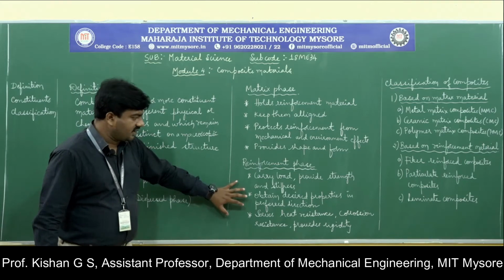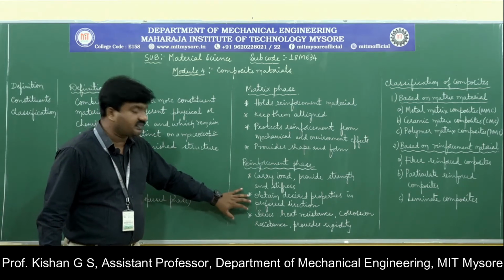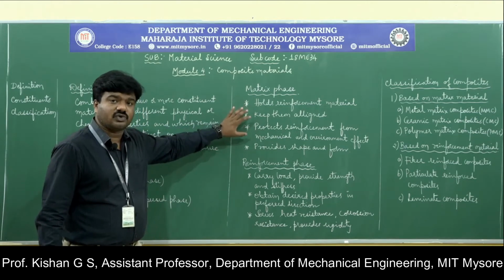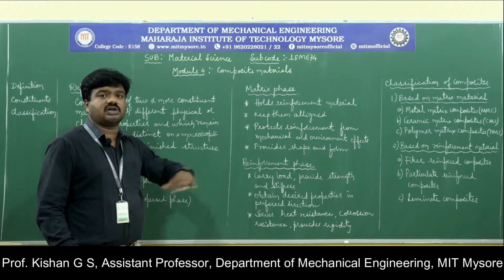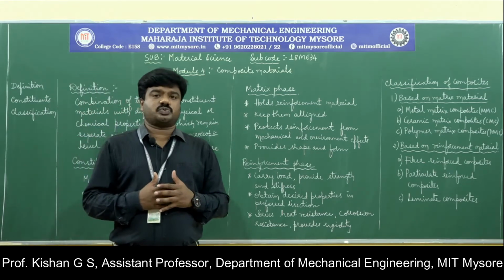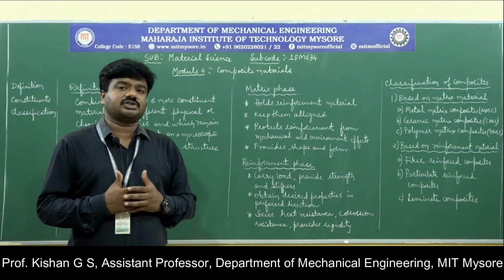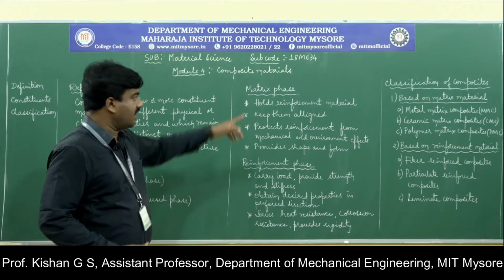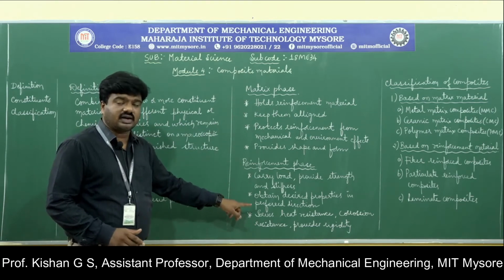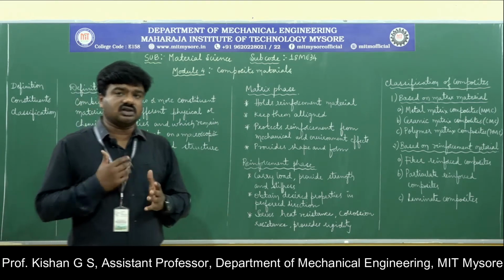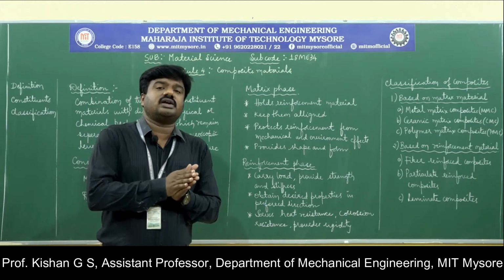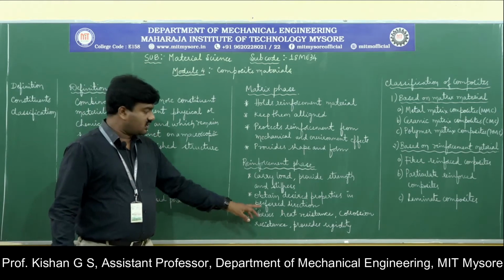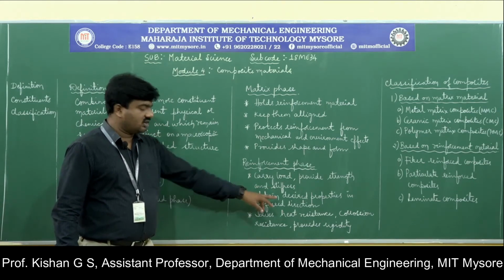Next comes obtaining desired properties in a preferred direction. See, we have the matrix phase to keep the reinforcement in the aligned direction. Whatever the direction in which the reinforcement is to be kept, in the same direction we will keep the reinforcement binded together using the matrix phase. But to get the desired properties along a particular direction, it is the orientation or alignment of the reinforcement phase that results in the desired properties along the preferred direction.